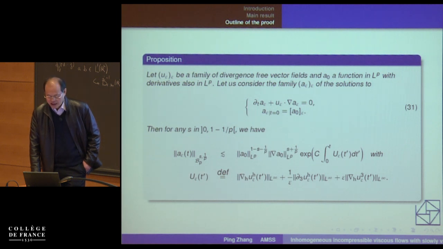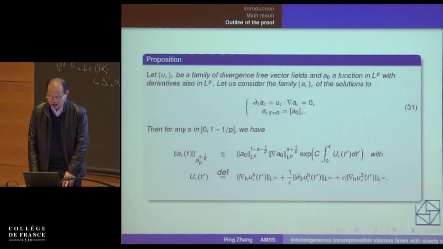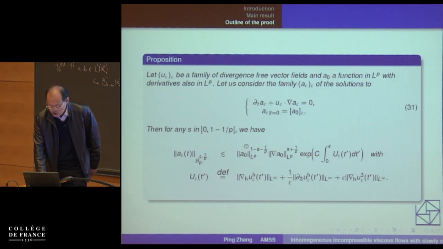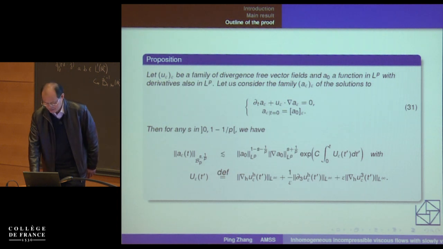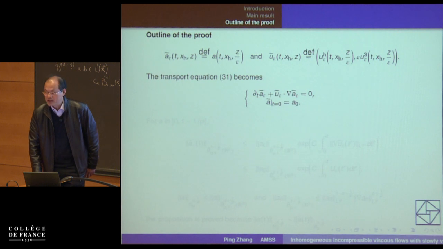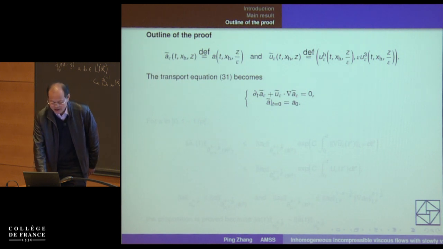This problem is closely related to what is called propagation of conormal regularity for classical hyperbolic systems. But due to its special structure, here the initial data equals the bracket of A0 epsilon, we can still use this structure to propagate this anisotropic regularity. So the proof turns out to be not so difficult in this case.